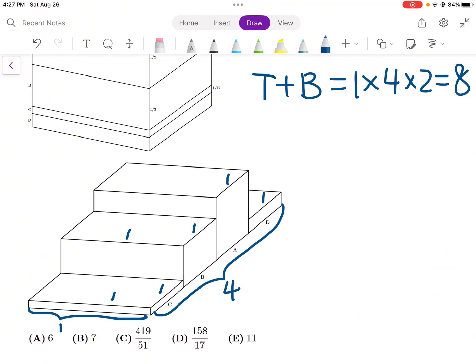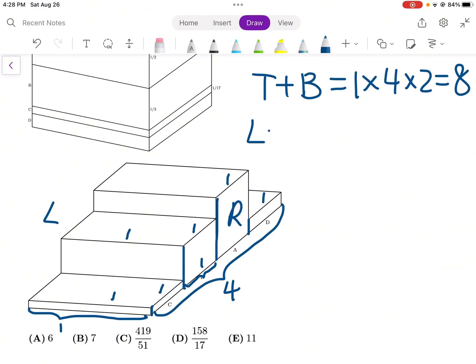And then we calculate the area of the left and the right sides. The areas on the left and the right side are identical, so for the right side, these 4 heights add up to 1, and we multiply by each of their lengths, that's 1.